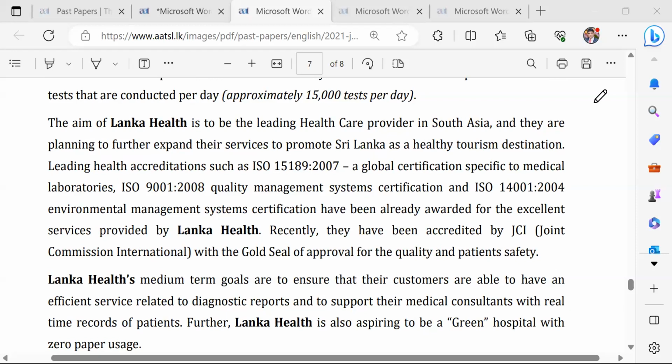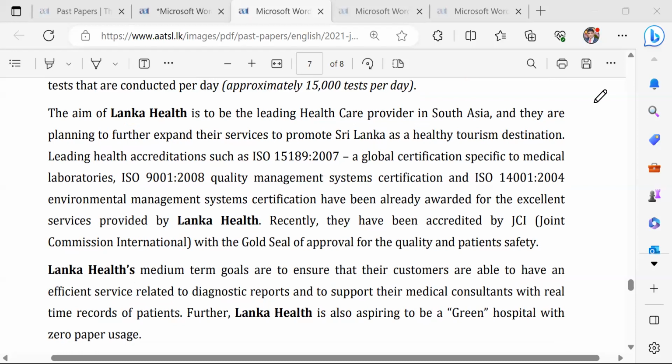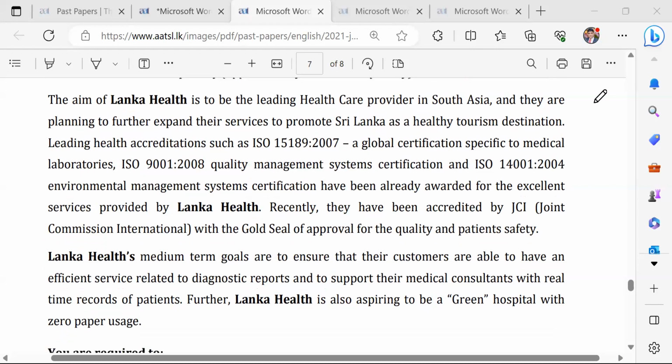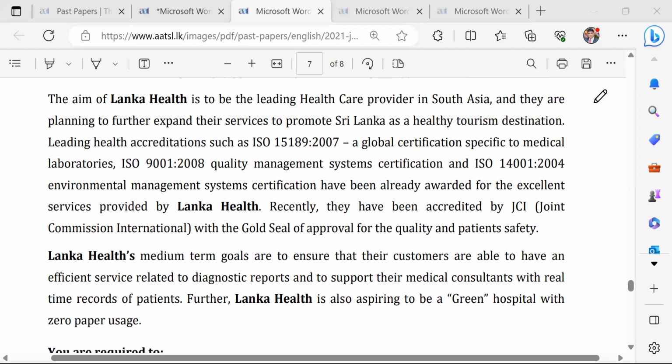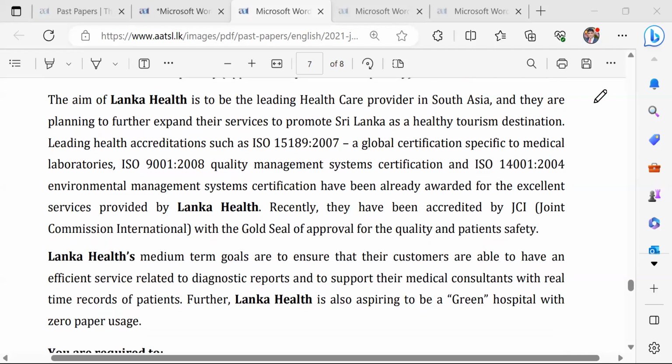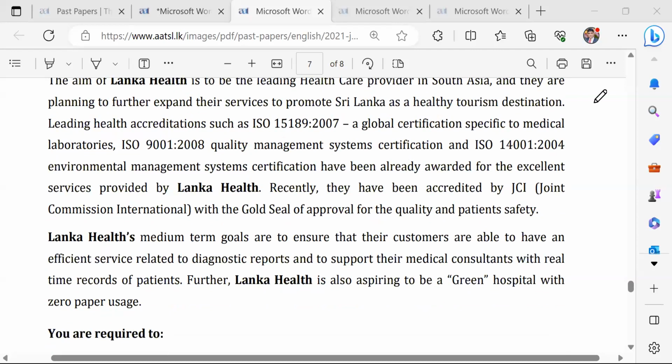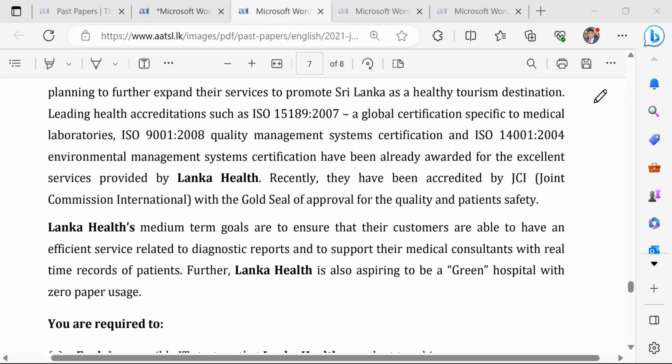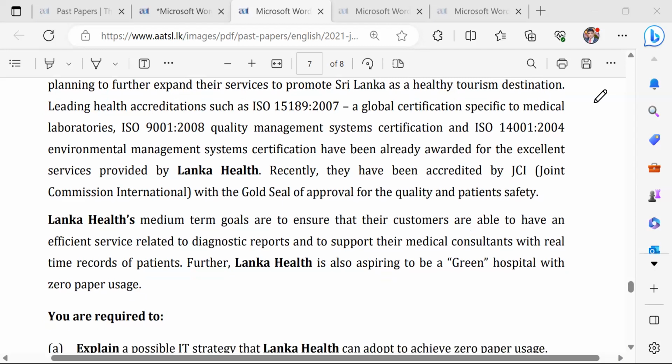Leading health accreditations such as ISO 9001:2008 quality management systems and ISO 14001:2004 environmental management systems certifications have already been awarded for the excellent service provided by Lanka Health.